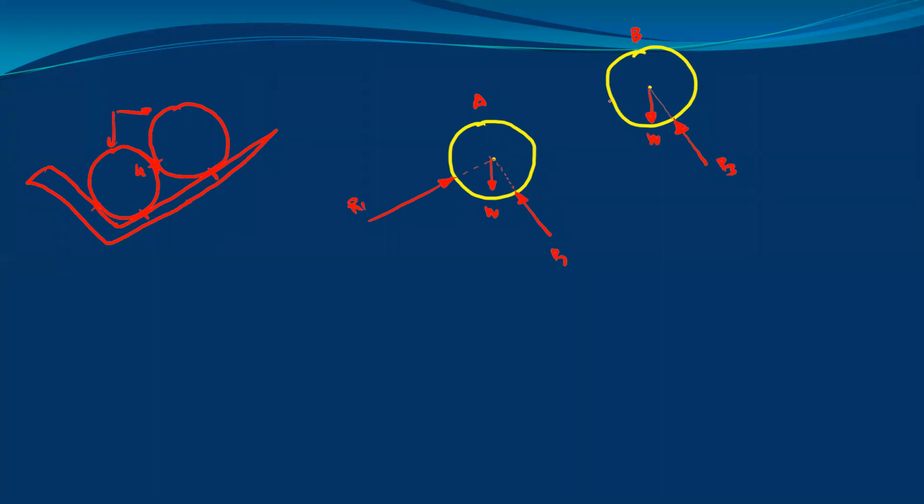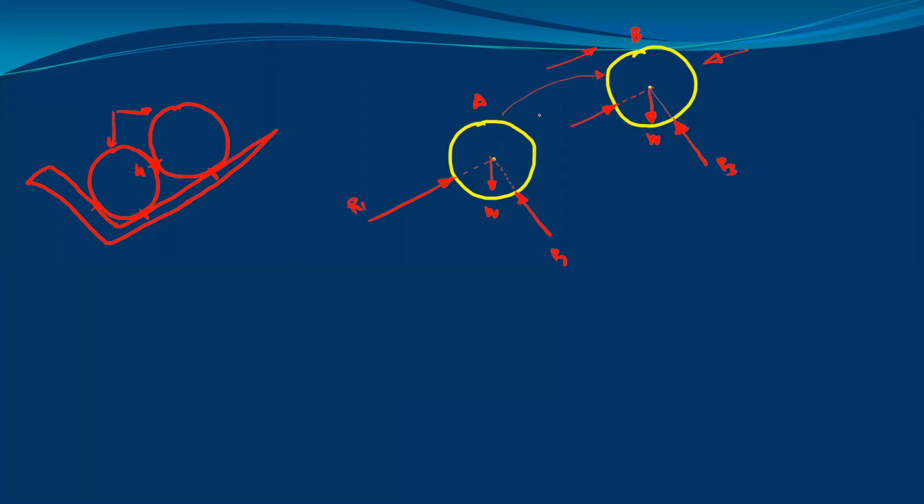If you consider the free body diagram only for the sphere or pipe B, then the reaction will be like this. This is the reaction R4. The meaning of this direction is that pipe A will offer the reaction on pipe B, that means it will try to push pipe B in this direction.